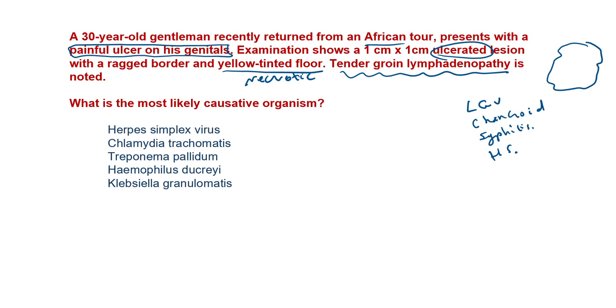These are the most common. So the choices here are herpes simplex virus, chlamydia trachomatis, which causes lymphogranuloma venereum, or non-lymphogranuloma genital infection, Treponema pallidum, Haemophilus ducreyi, and Klebsiella granulomatis.